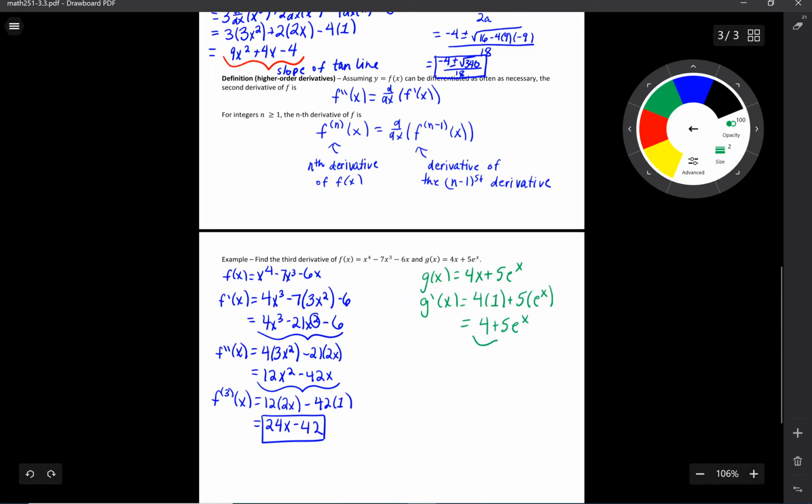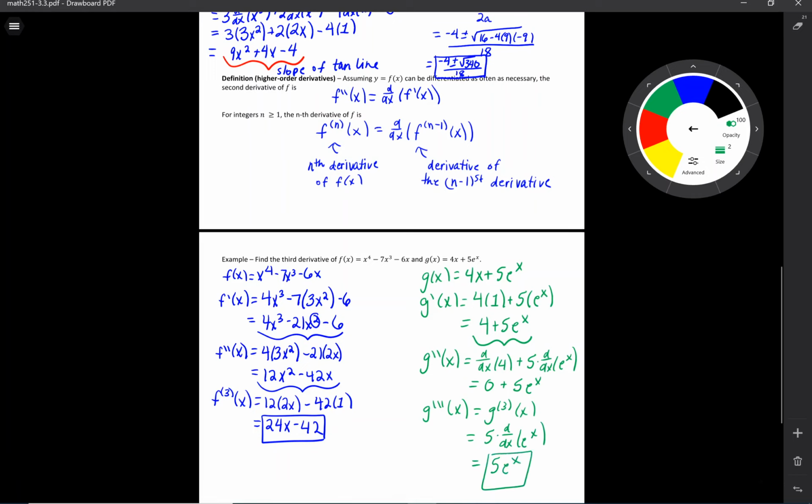Now I take the derivative of this to get g double prime. g double prime of x is equal to the derivative of 4 plus 5 times the derivative of e to the x. Well, the derivative of 4 is 0, plus 5e to the x. That makes g triple prime of x, or if you want to write it as g parenthesis 3 of x, just 5 times the derivative of e to the x, which is 5e to the x.